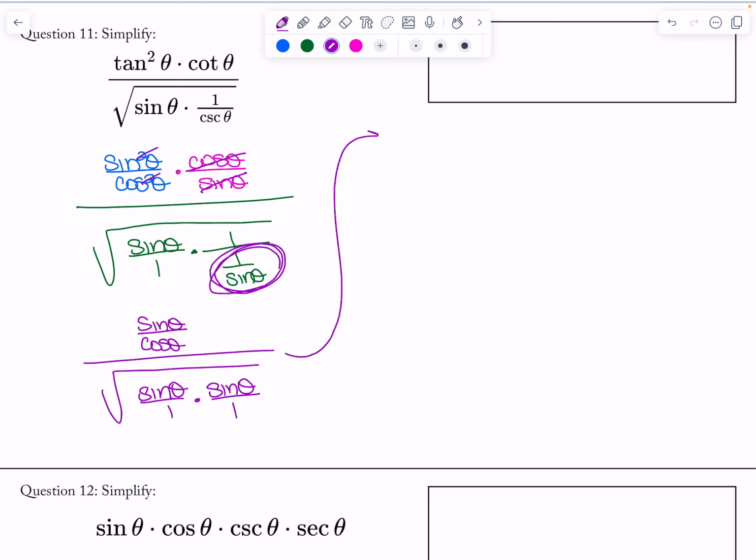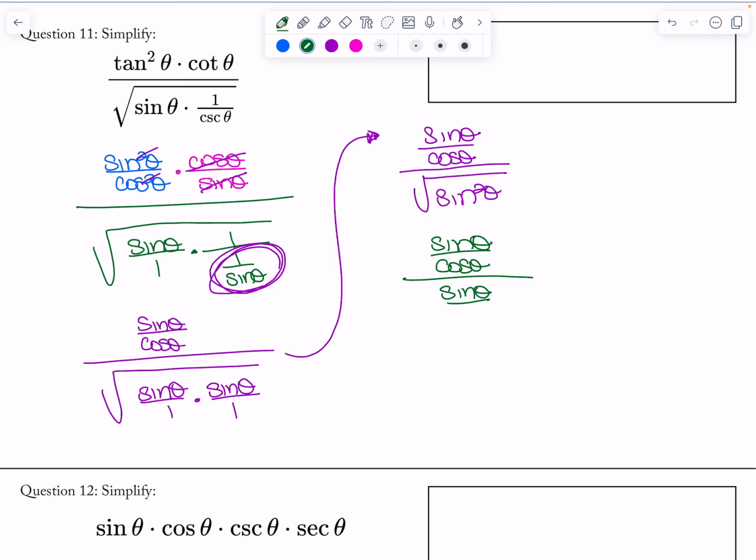So now, draw my little arrow over here. I have sine of theta in my numerator over cosine of theta. And then I have the square root of sine squared of theta. So the square root of a squared just gets rid of the square. So I have sine of theta over cosine of theta divided by sine of theta over 1.